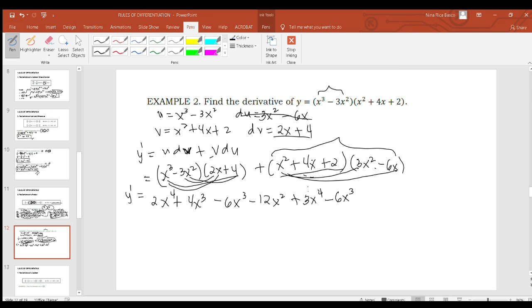Now on to our second term. 4x times 3x squared is equal to 12x cubed.